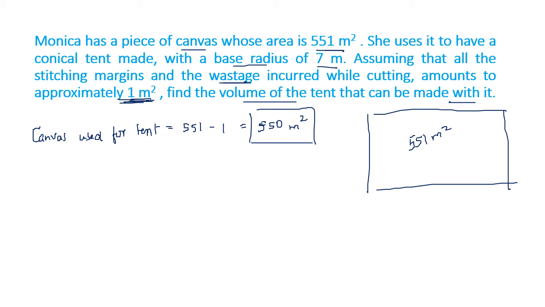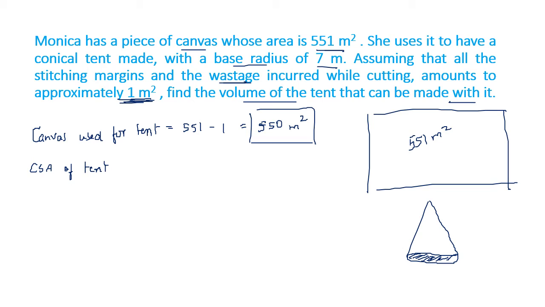Now we never stitch the base of the conical tent. We never put anything on the ground. So we have to only find out the CSA of the tent.